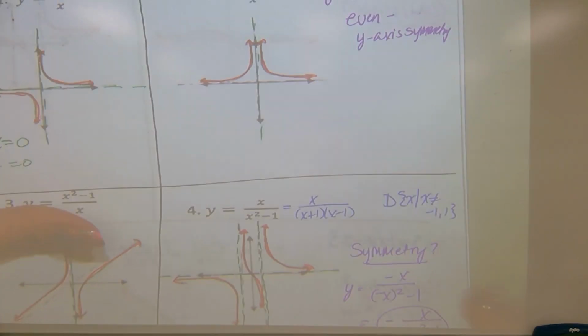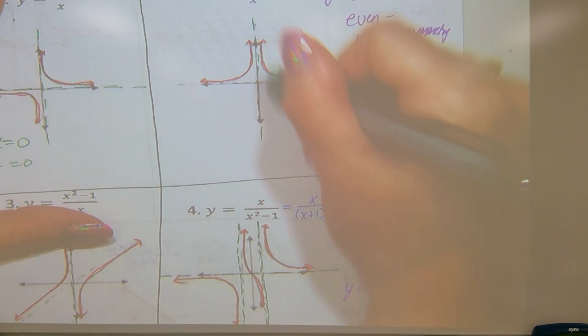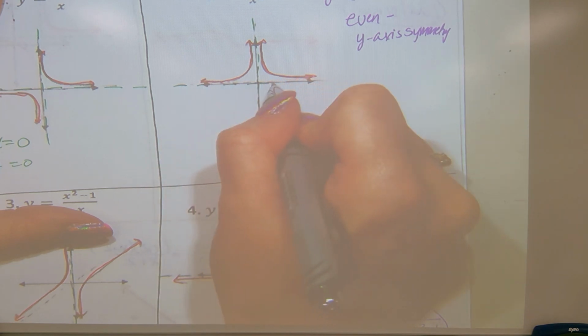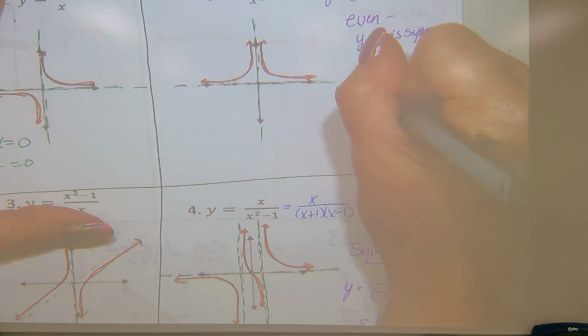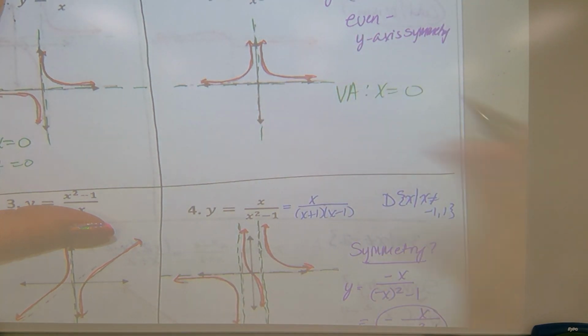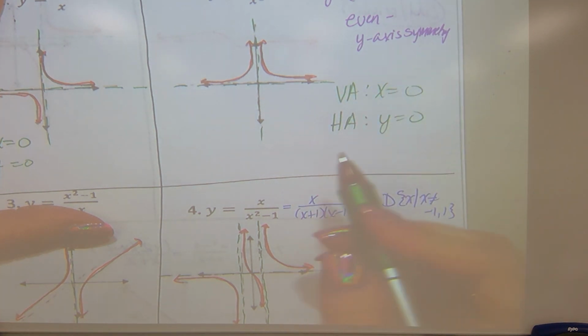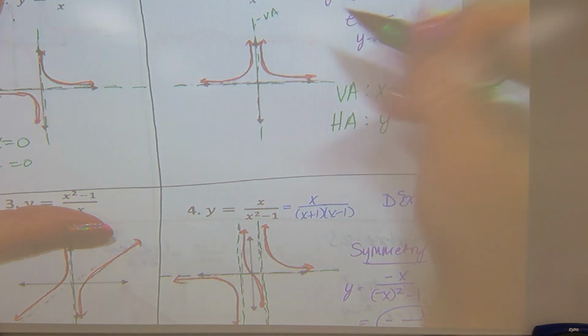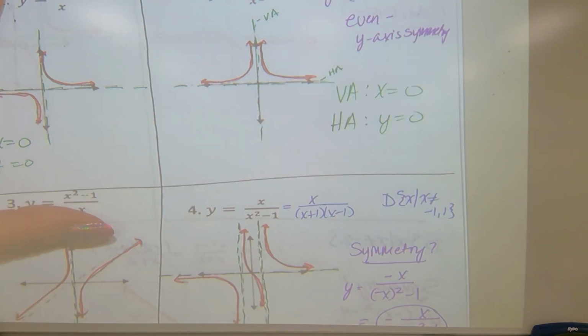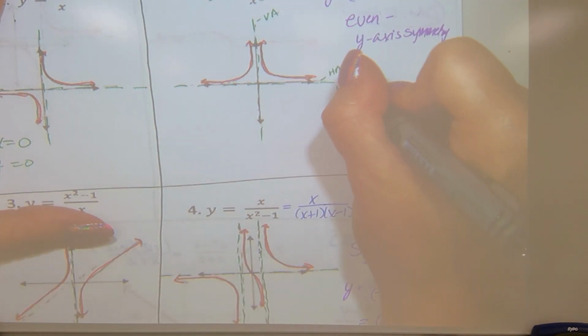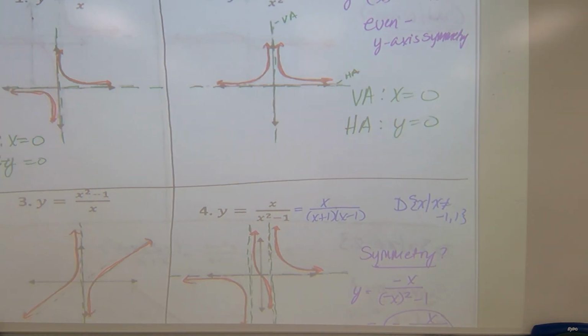Look at function number 2. I again have a vertical asymptote that happens where x equals 0 and a horizontal asymptote that happens where y equals 0. This is my vertical asymptote. This is my horizontal asymptote. Those asymptotes line up with the axes of my function, so the value is 0.